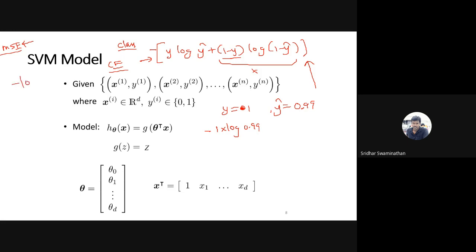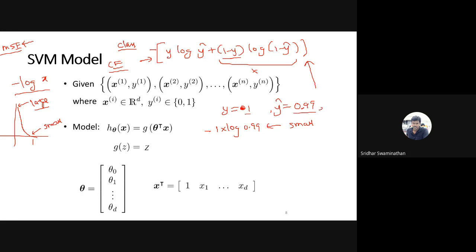Now if you plot minus log of x, it will look like this. Near the value of 1, this will be a small number. Near the value of 0, it will be a large number. So minus log of 0.99 will become a small number. That means the prediction value is near 1 and the actual value is also near 1.